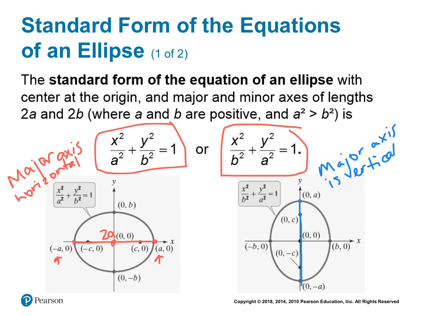And you see that is also going to be 2a for a distance because of the endpoints here. So when it's vertical, you're going to use this equation. You can just see that the a squared and the b squared got switched around.